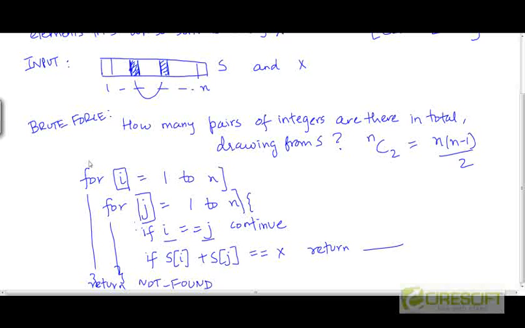So the complexity of this loop, assuming that the body takes a constant amount of time, is going to be proportional to n squared, n times n. And so the worst case complexity of this brute force algorithm is going to be theta of n squared.